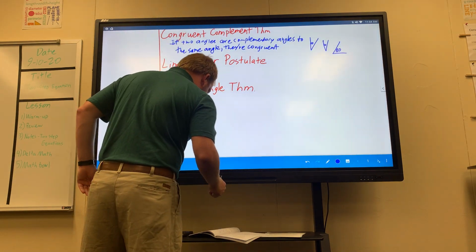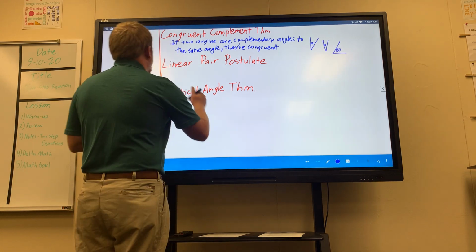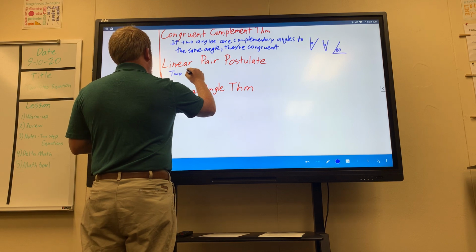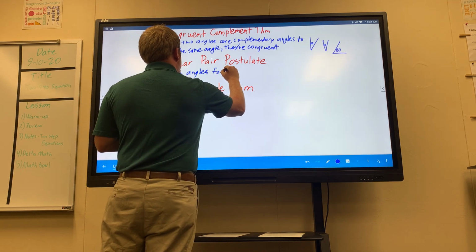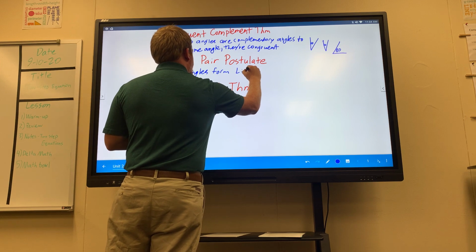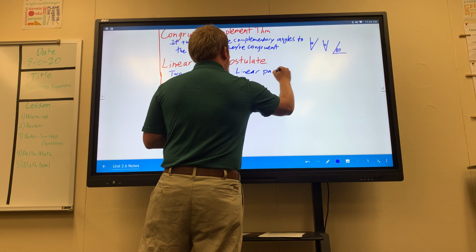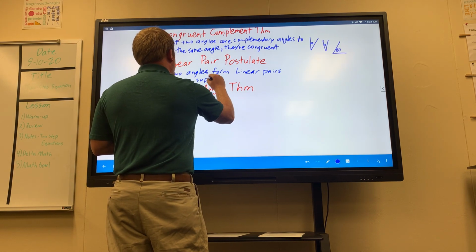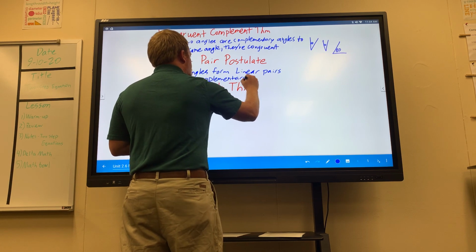Now, the linear pair theorem basically says that two angles that form a linear pair are supplementary. Okay?